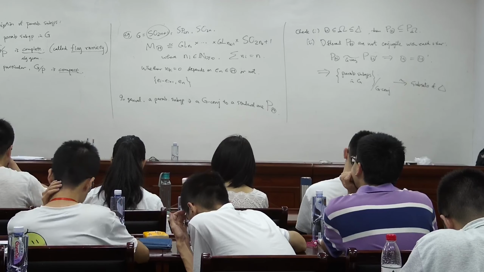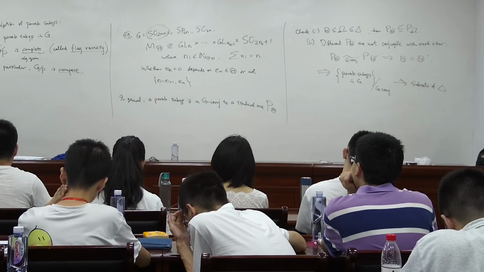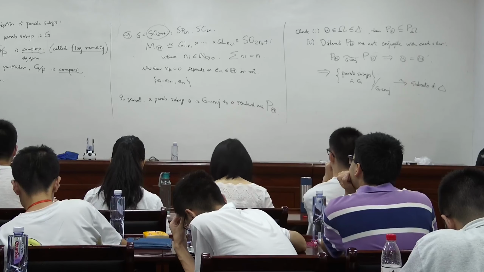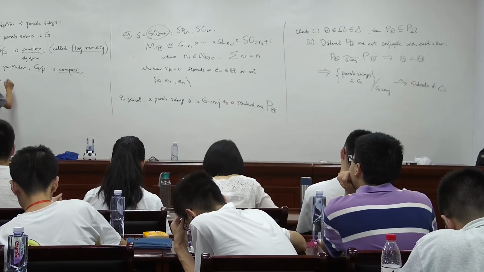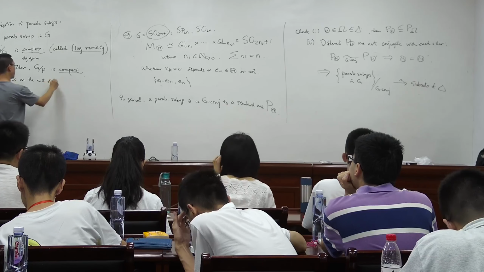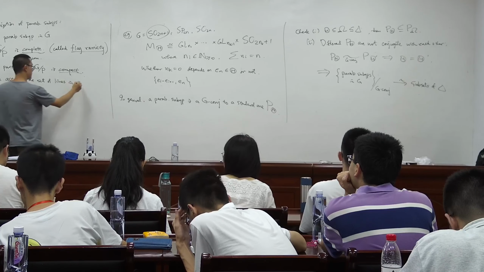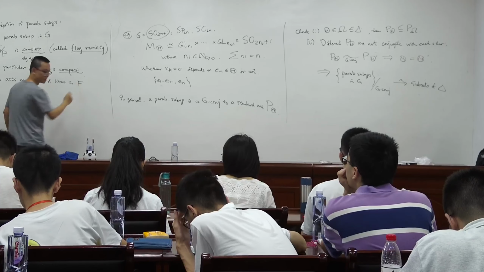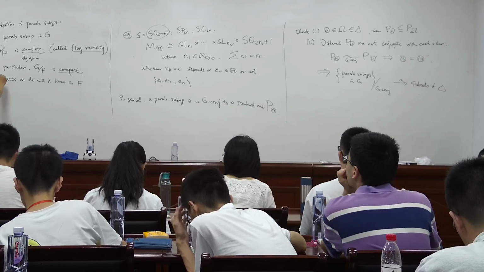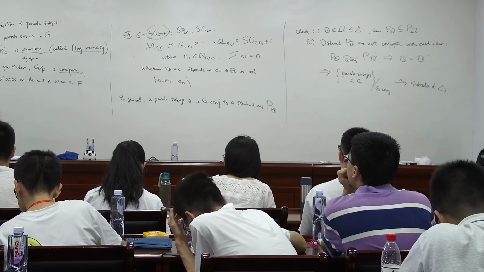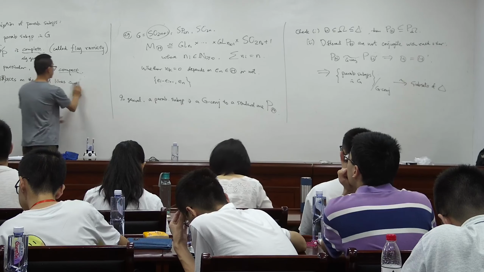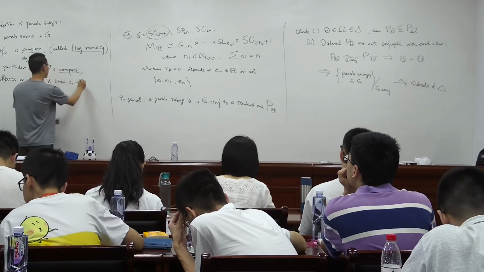Any other questions? Okay. So let me give you this simple example. In GL2, you let this group act on the set of lines in K^2, depending on which field you are taking, so maybe I use a field K here.